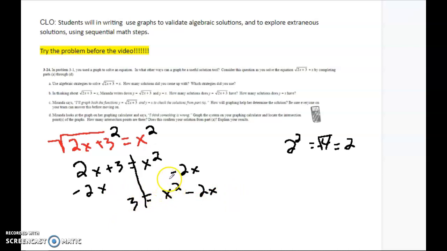Well, the reason I moved it to the right and not the left is so I didn't have a negative x squared. But in all reality, none of that matters. It doesn't matter which way you go. So let's get that 3 out of there. Now I have 0 left over here, right? Nothing left. And I have x squared minus 2x minus 3.